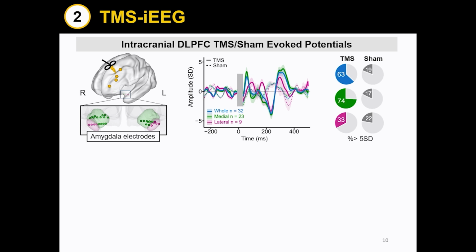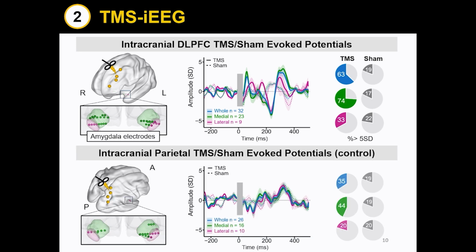And we again observed over 60% of electrodes in the amygdala showing evoked potential amplitude exceeding 5 standard deviations with respect to the baseline. This effect was again mainly driven by the medial amygdala. And this pattern was not seen with the sham condition.